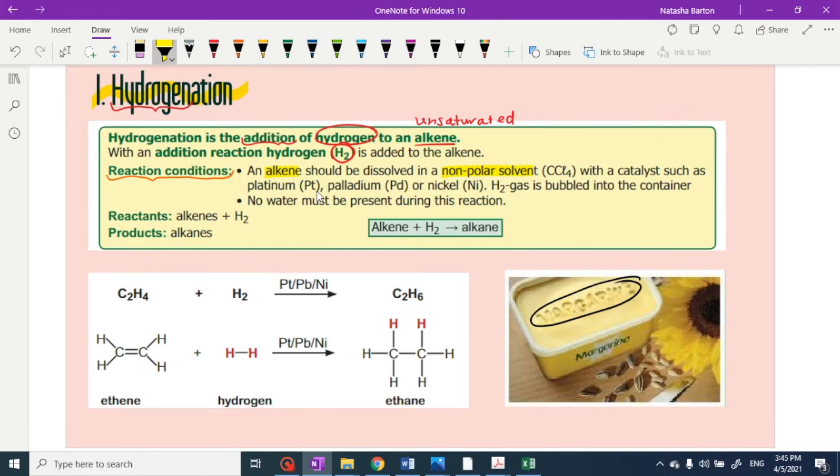You don't need to know this off by heart, but it's very good if you choose to go into the sciences and have to perform some experiment involving hydrogenation. What is important for you to know off by heart is that we need a catalyst present, specifically a catalyst such as platinum, palladium, or nickel. You need to learn this off by heart.